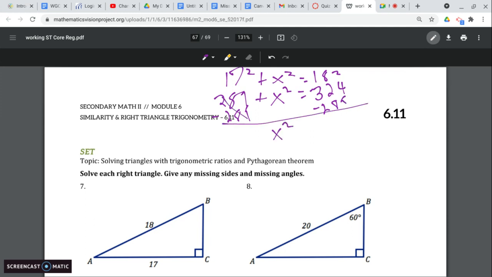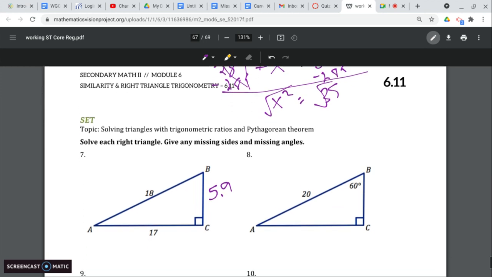So we have x squared equals 324 minus 289, which gives us 35. We take the square root of 35, and we end up with 5.9. So this is 5.9.